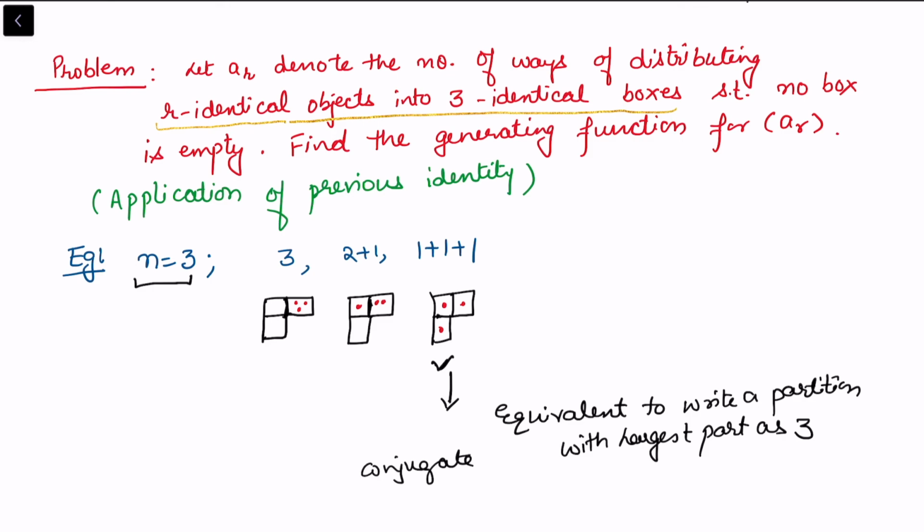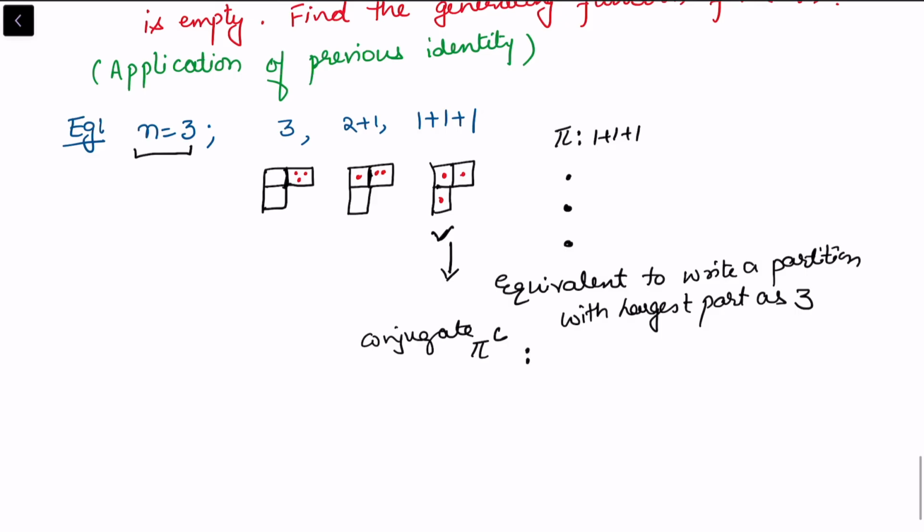First I will make the Ferrers diagram, which is one dot in the first row, one dot in the second row and one dot in the third row. So this is the partition pi, which is 1 plus 1 plus 1, and if I just read pi conjugate, I will get a partition which is 3. So this means this is the type of thing we are searching for, in which there are 1, 1, 1 dots.